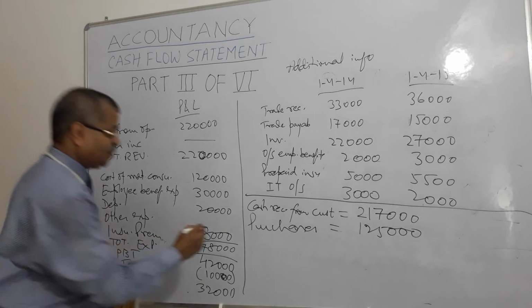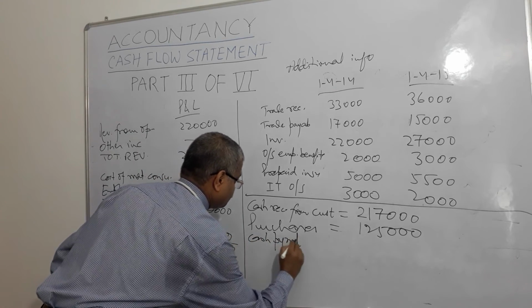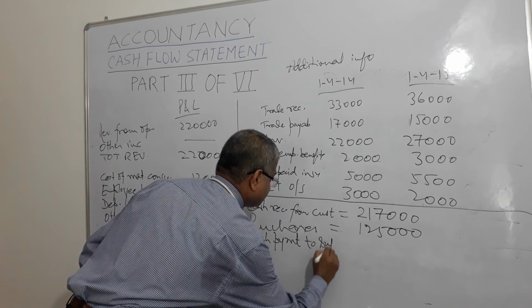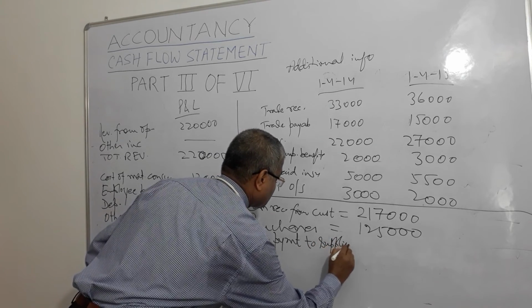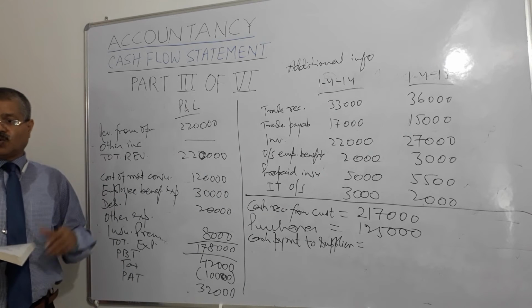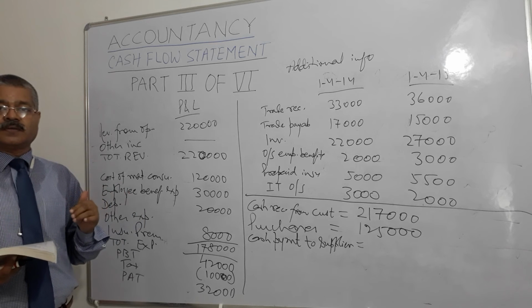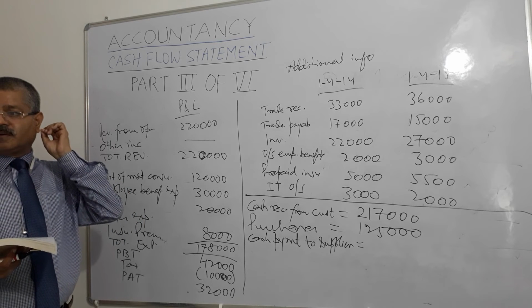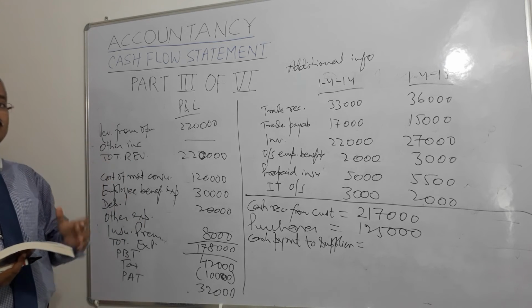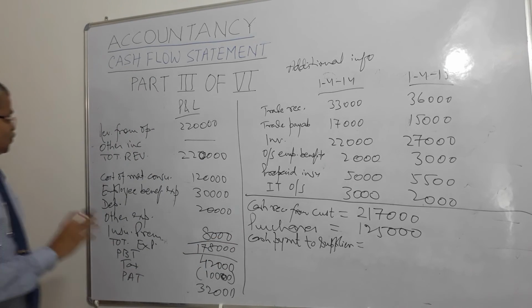Then cash payment to suppliers. What we had discussed in this: cash payment to suppliers is equal to purchases plus trade payables at the beginning minus trade payables at the end. What are the purchases here?